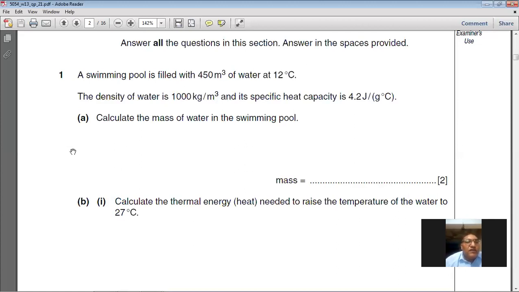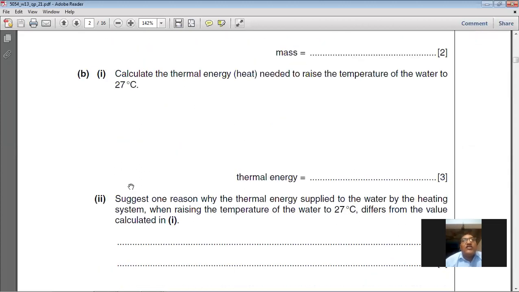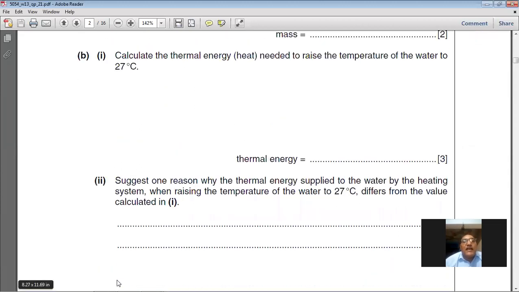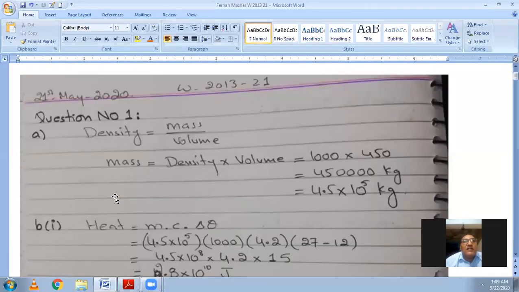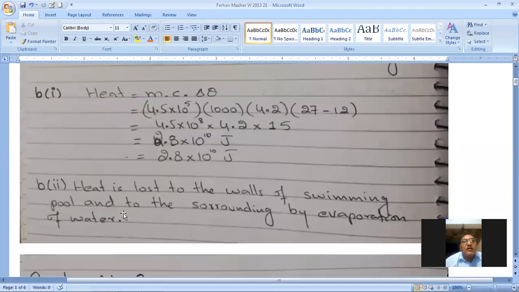So we will put these values in the formula heat is equal to mc delta theta and we can calculate the heat. I have done this on a paper. Let me show you my working. So it's a 3-mark numerical and let me show you my work. Okay.